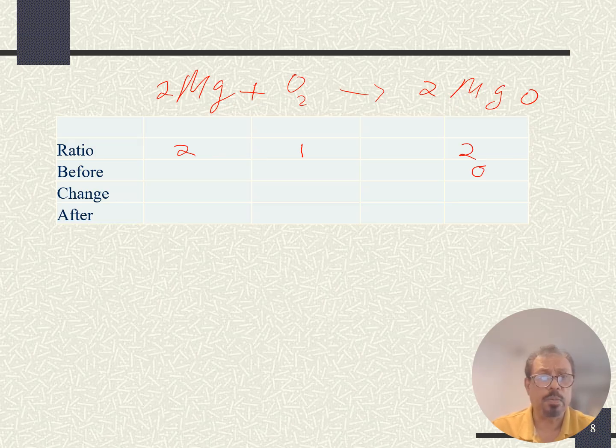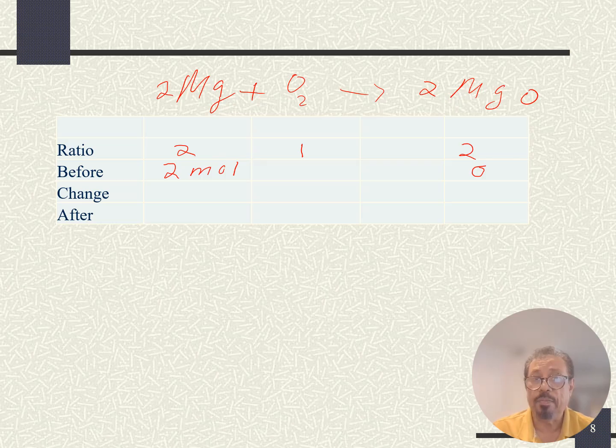How does it work now? We assume, and this is an assumption, that if you have 2 moles of magnesium, look at the ratio here, 2 to 1.